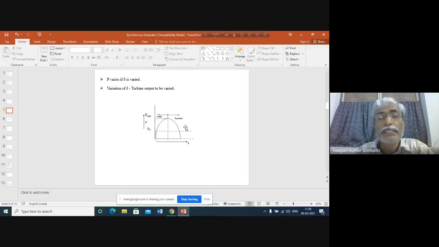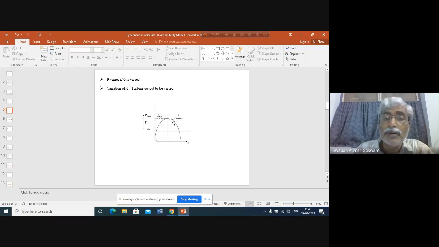That means in the steady state, delta will lie between 0 and 90 degrees. It cannot cross 90 degrees at steady state. During oscillation, it may cross this point. We shall see this later, when we discuss stability issues in further detail. You see that we have already mentioned that somehow this point has been crossed.